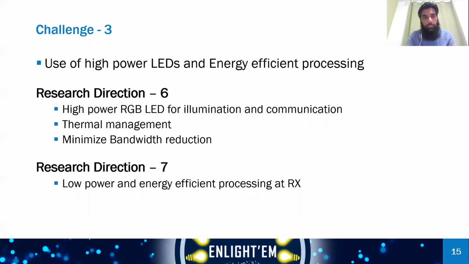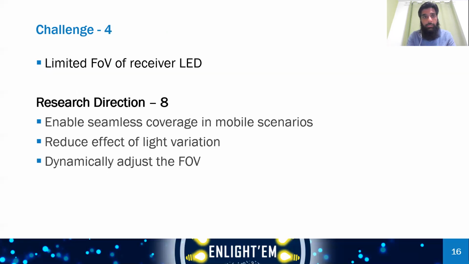Another research direction related to this is low power and energy efficient processing at the receiver. For example, in OFDM, we get a higher data rate, but the processing is very intense. So we need to design some low power and energy efficient processing techniques. The last one is that LEDs have a limited field of view.